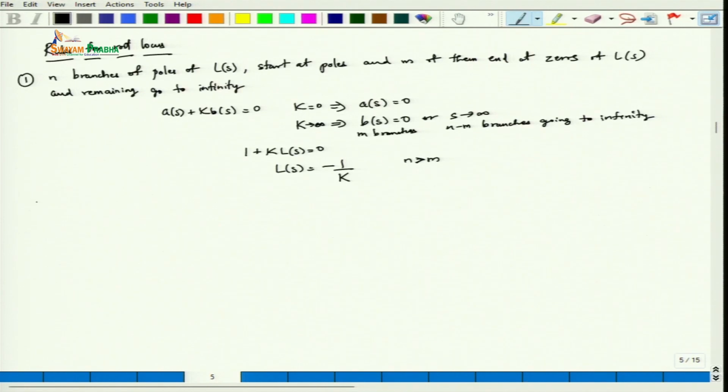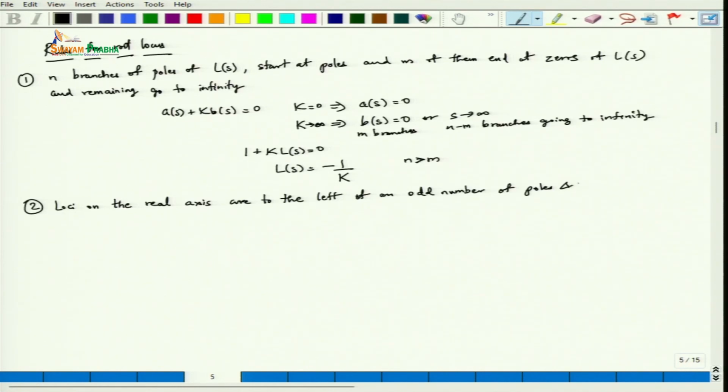The second rule is that the loci on the real axis are to the left of an odd number of poles and zeros.